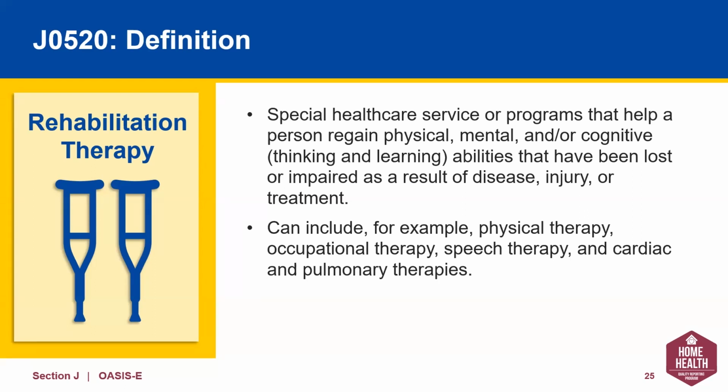It is a special healthcare service or programs that help a person regain physical, mental, and/or cognitive abilities that have been lost or impaired as a result of disease, injury, or treatment. Examples include physical therapy, occupational therapy, speech therapy, and cardiac and pulmonary therapies.